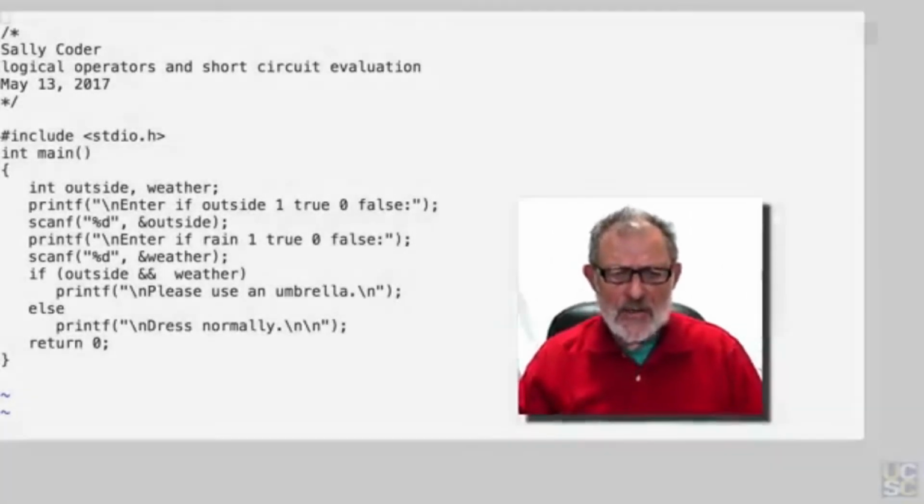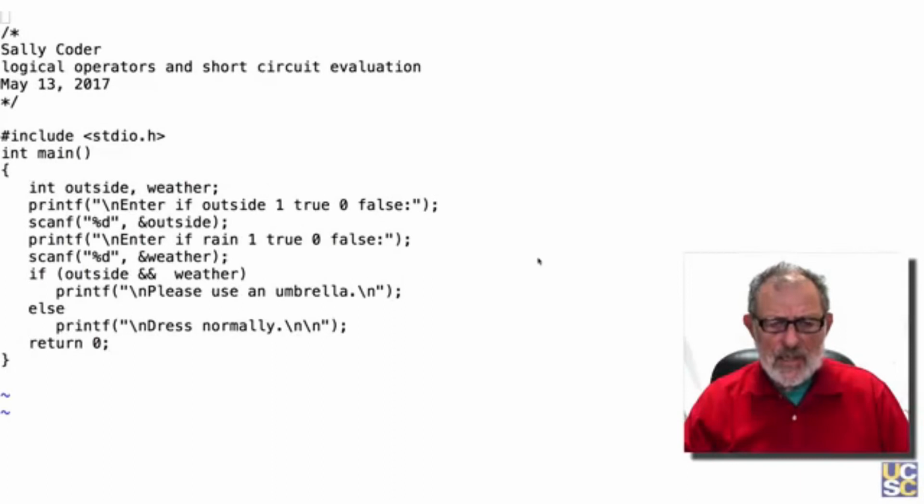We're going to continue with understanding how to write expressions that change the flow of control. So we're going to continue to use the if-else logic, but we're going to change the kind of expression we test for.